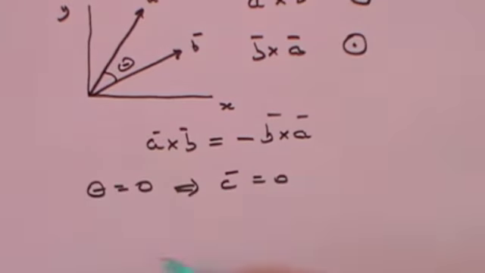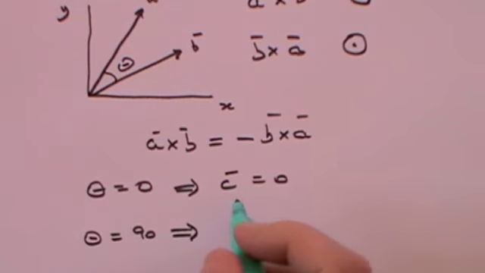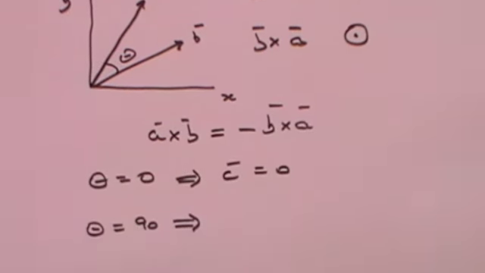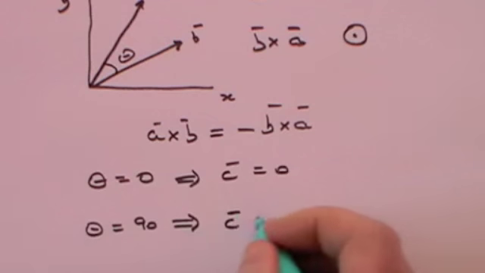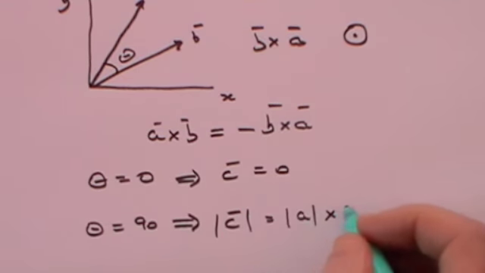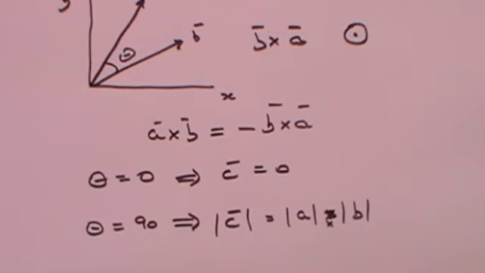What happens if theta is equal to 90? Well, that will mean that sine of theta will be 1, and consequently the magnitude of C will simply be the magnitude of A, multiplied by the magnitude of B.